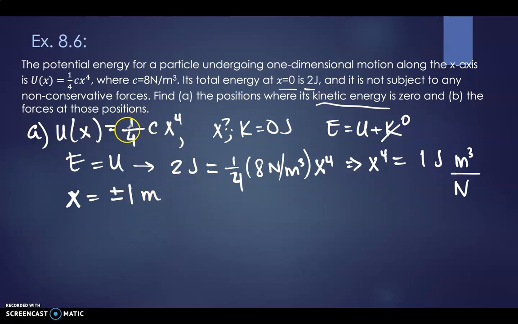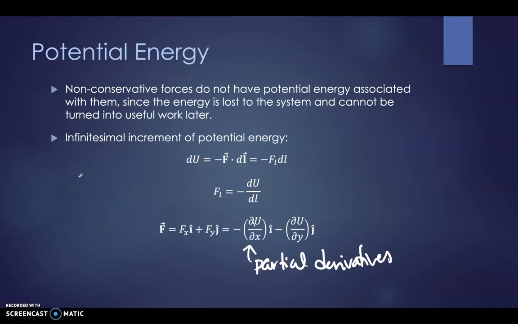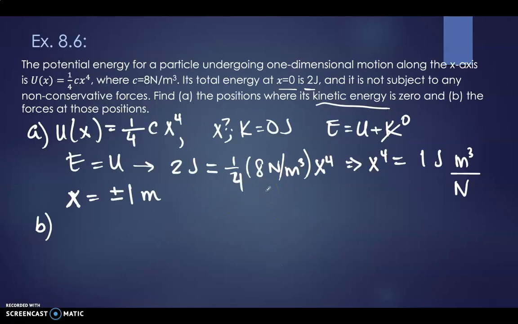All right. So then we want to know what the forces are at these positions. We just learned that force is going to be negative dU/dl. So F is going to be negative dU over, in this case, dx, since we just have it in one dimension.